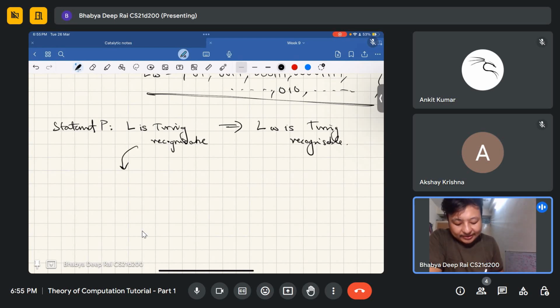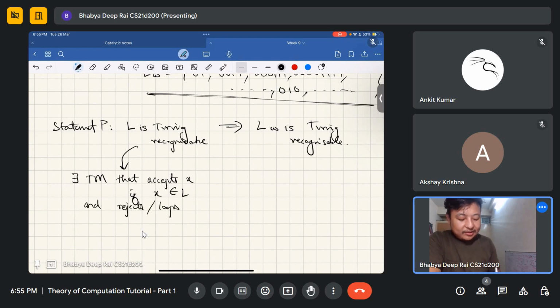It means that there exists a Turing machine that recognizes L, which means there exists a Turing machine that accepts X if X belongs to L and rejects or loops otherwise.